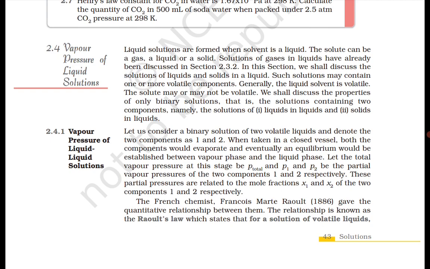Let the total vapor pressure at this stage be P total, and P1 and P2 be the partial vapor pressures of the two components 1 and 2 respectively. These partial pressures are related to the mole fractions x1 and x2 of the two components.